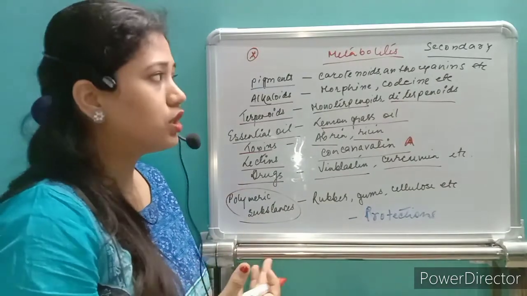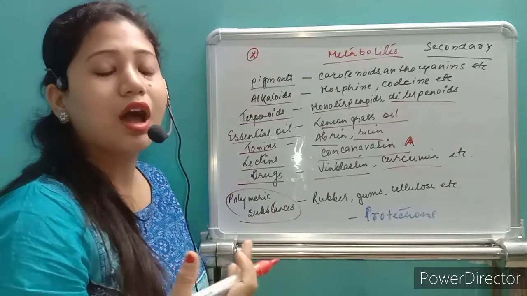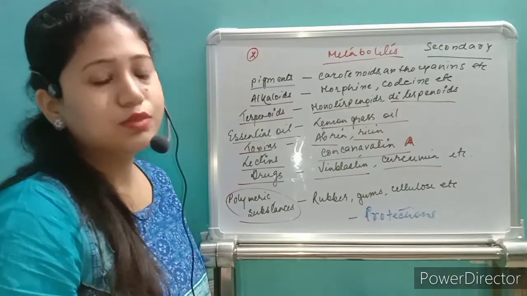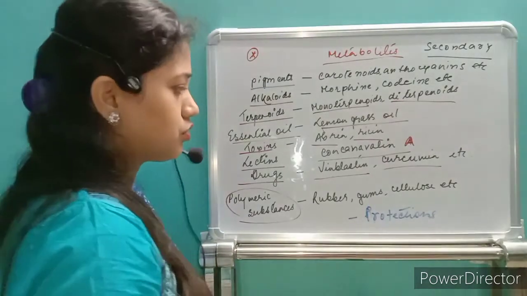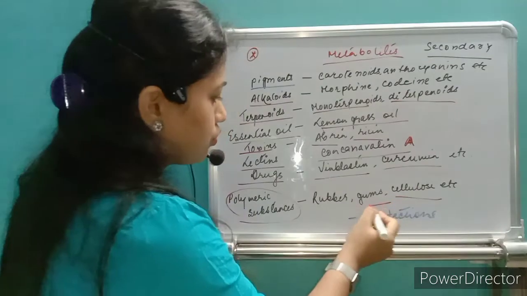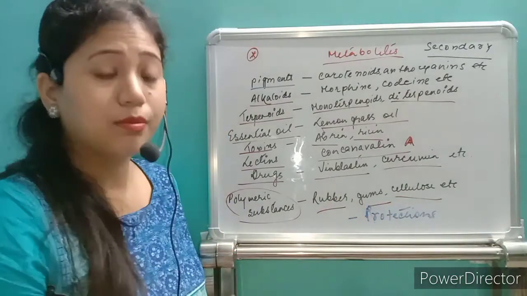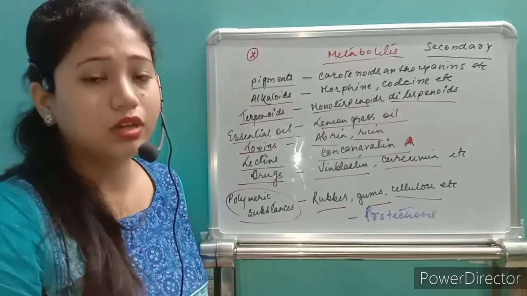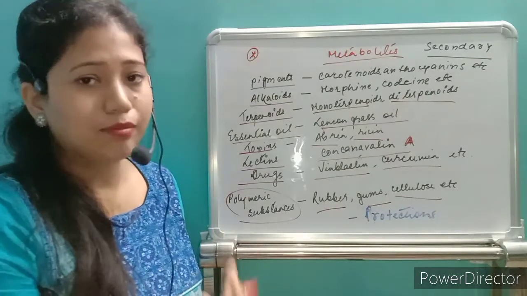As I have already told you, secondary metabolites have unidentifiable roles, so they can have monomeric as well as polymeric forms. Examples are cellulose, gums, and rubber, which have been extensively used by mankind from time unknown.